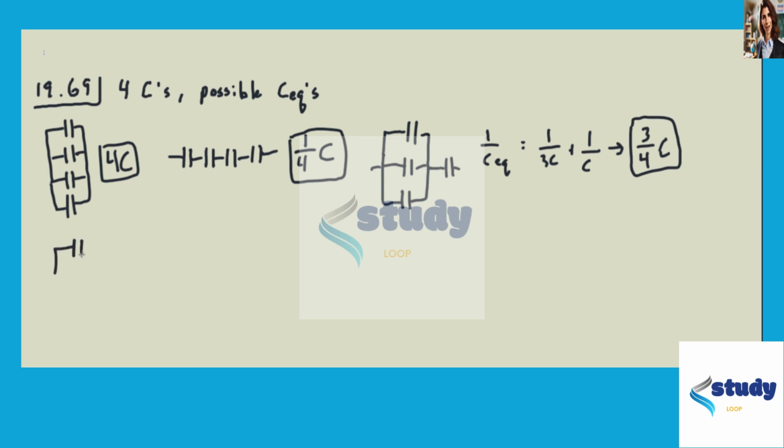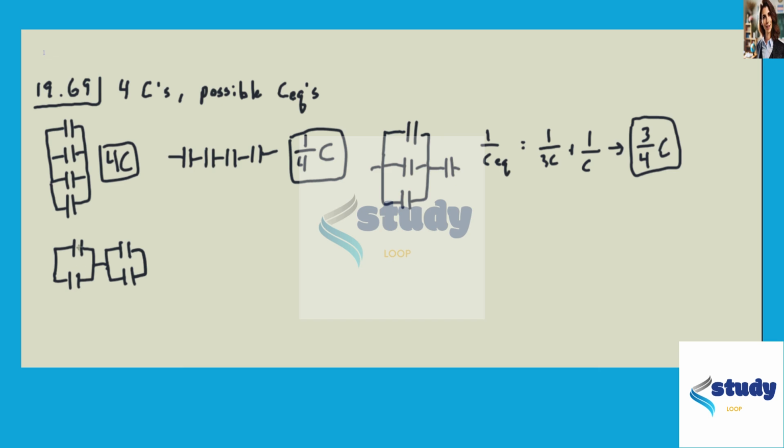We can have 2 in parallel in series with the remaining 2 in parallel. Now, each of the parallel combinations will have a capacitance of C, so we'd have 2 C's in series with each other.